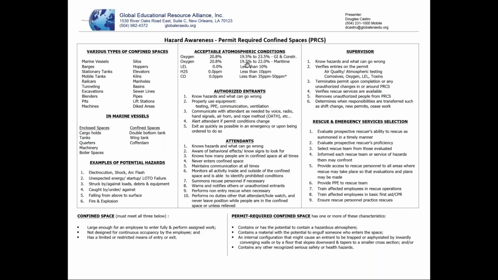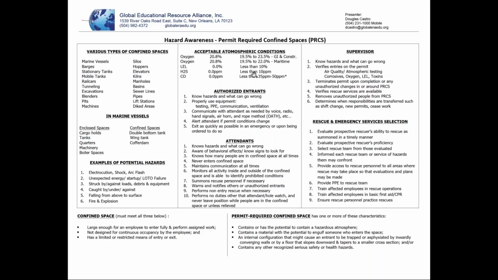In maritime, it's 19.5 to 22. The reason it's 22 is because in maritime, conditions can change rather quickly. The area can become more enriched, and it can become more flammable, ignitable, or explosive. And that's why, because the higher the oxygen level becomes, the more we increase the risk of flammability or ignitability if we hit enough of the lower explosive limit chemicals, okay?